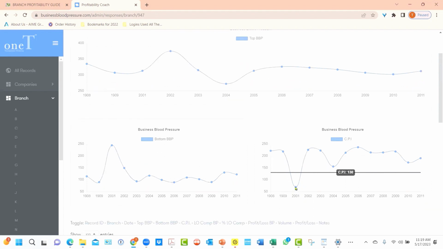January, they didn't close a whole lot of loans, right? So that CPI dipped. And they had a lot of people for not a lot of volume. Same old story. If that's going to change, keep the people. If you forecast out 90 days and it's not going to change, you've got to make some decisions or be willing to bite the bullet on the loss.